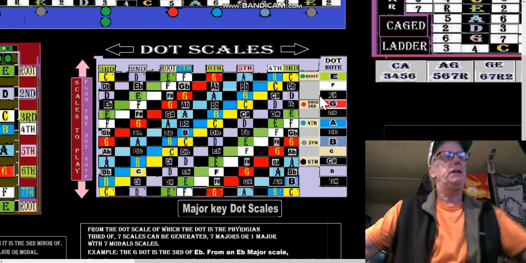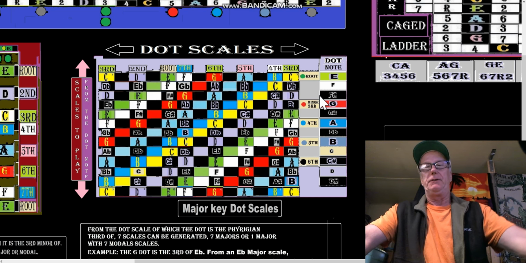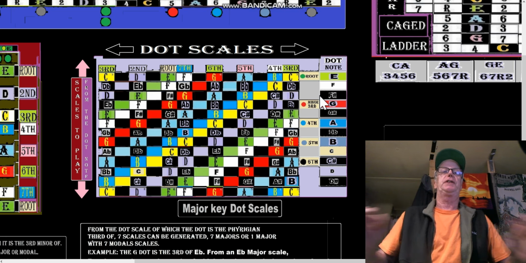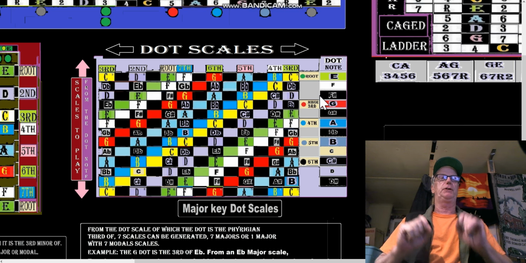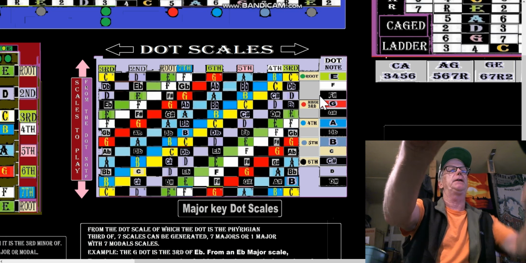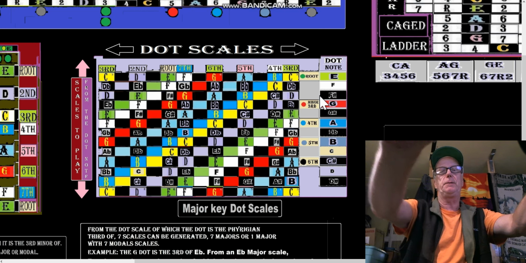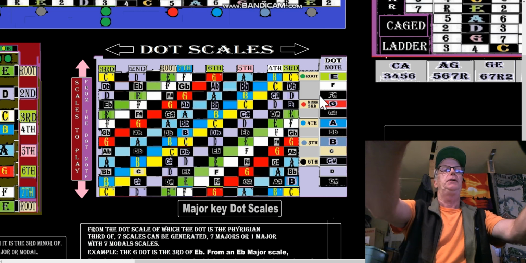So the one thing about the dots is they're easy, but it's difficult to get every single possibility. It's like taking a G note on a piano. It could be a whole lot of different things.